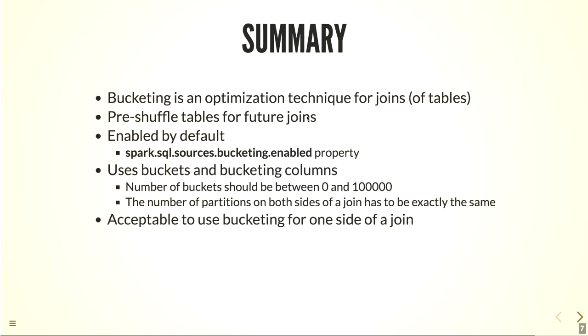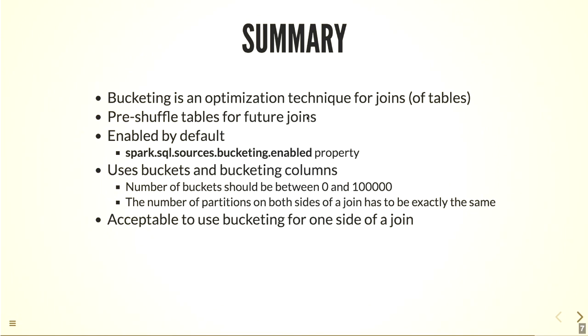Enabled by default, I said it, uses buckets, and as I said, knowing how to choose the proper number of buckets and bucketing columns is an art, okay? So you need to just know the data and play around with different configurations. Eventually, you will come up with the proper configuration and you will stick to it.